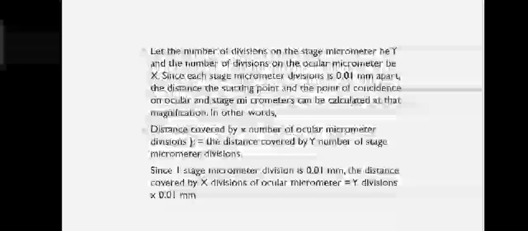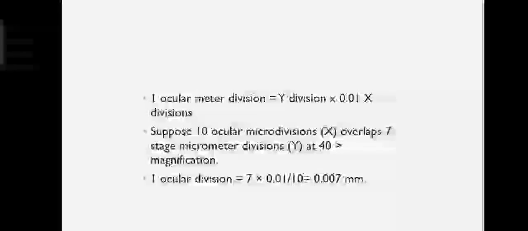Since one stage micrometer division is 0.01 mm, the distance covered by x divisions of the ocular micrometer is equal to y divisions × 0.01 mm. One ocular micrometer division is equal to y divisions × 0.01 / x divisions.